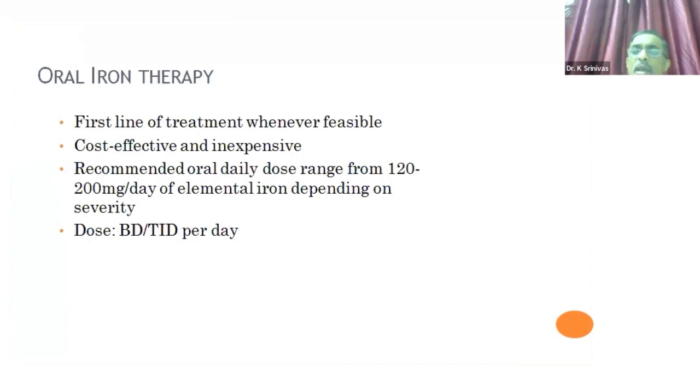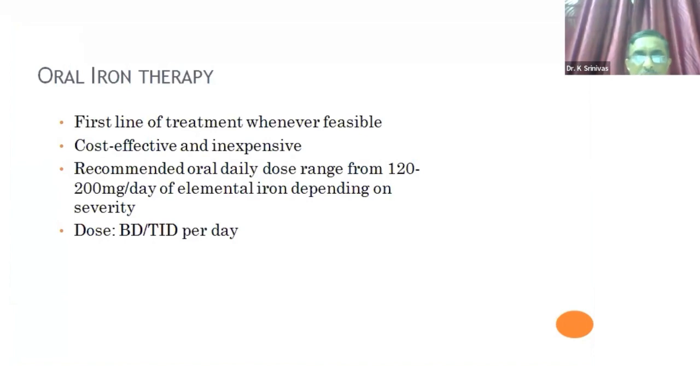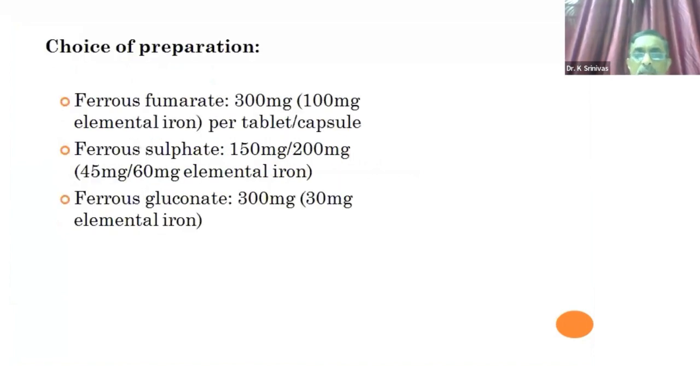If you are using a tablet providing 100 milligram elemental iron, you can give it twice daily. Beyond which, there is a beautiful mechanism in our intestine to throw away the iron. If it goes beyond 200 milligram elemental iron, it cannot absorb more than that. That is why it is not rational to give more iron with an idea that you may correct anemia faster. It is not possible, right?